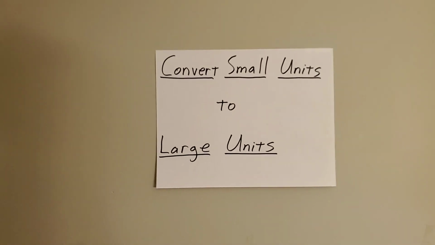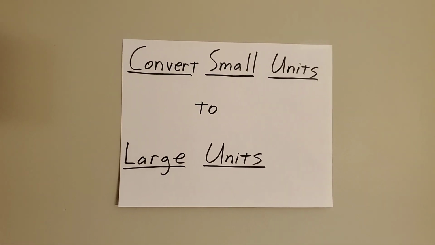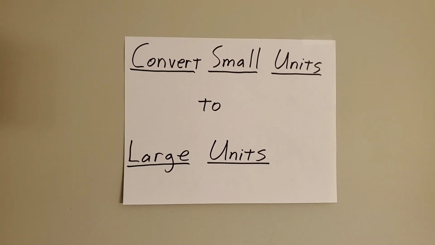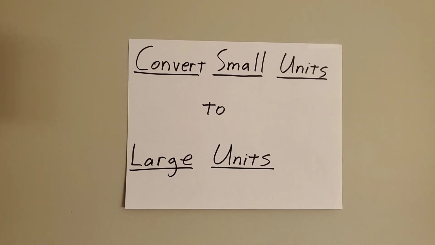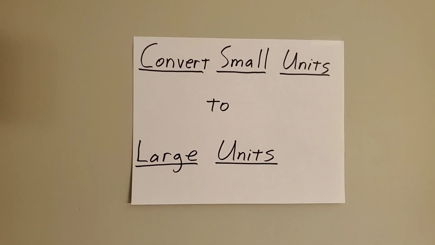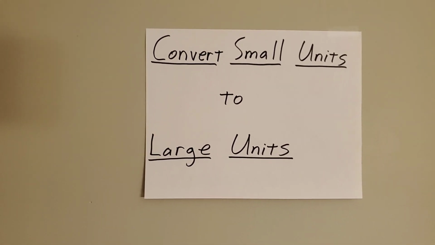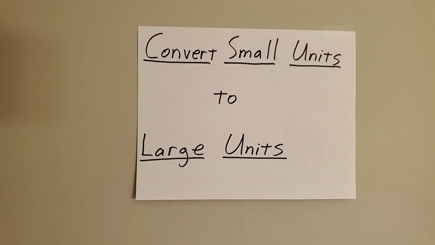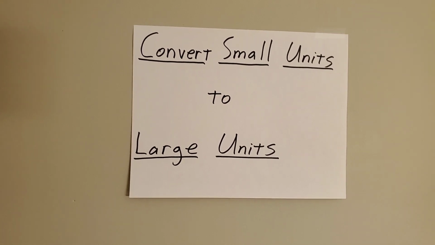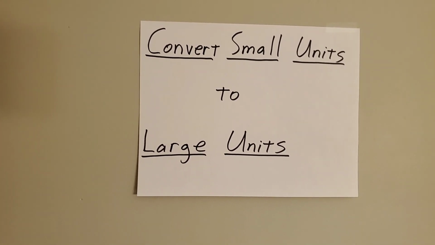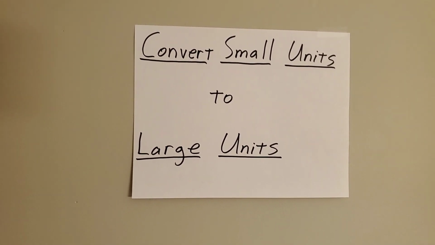And our lesson today is converting small units to large units. So what does it mean when I say convert small units to large units? That means I am going to be measuring some objects, and we're going to measure them in 2 units.